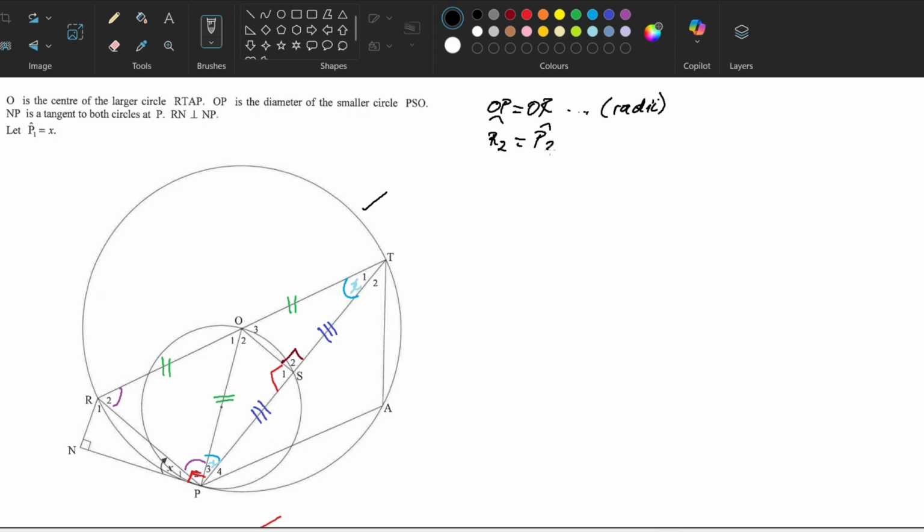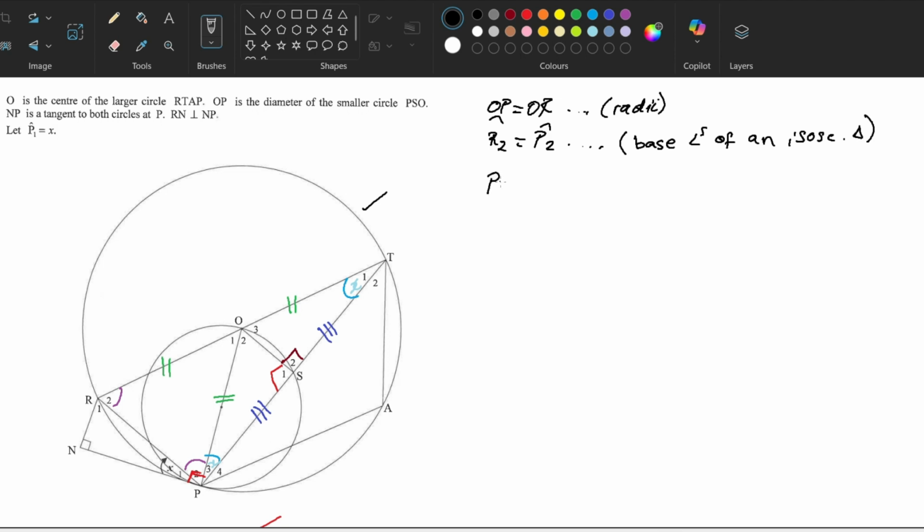Then your reasoning, you are going to say base angles of an isosceles triangle. Usually they use this reasoning of equal sides, equal angles or something like that. And then we are going to solve for P2, right?